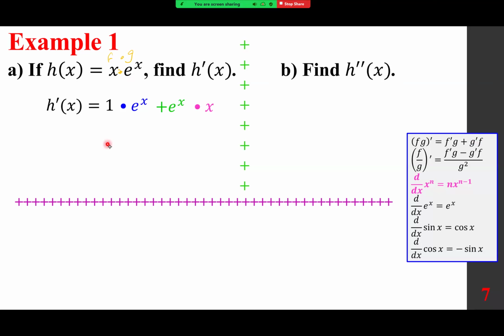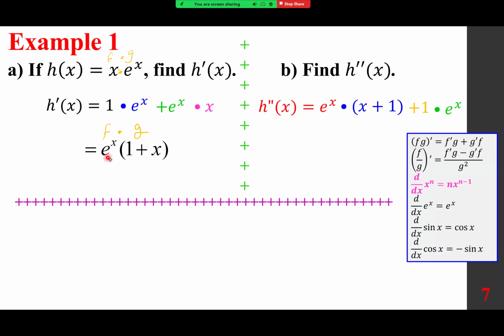I factor e to the power of x, and I get 1 plus x. To differentiate again, now I'm going to call this one f, this one g. So I want to reuse this formula: f prime, the derivative of e to the power of x itself, times g, 1 plus x, plus g prime, the derivative of 1 plus x is 1, times f, e to the power of x.